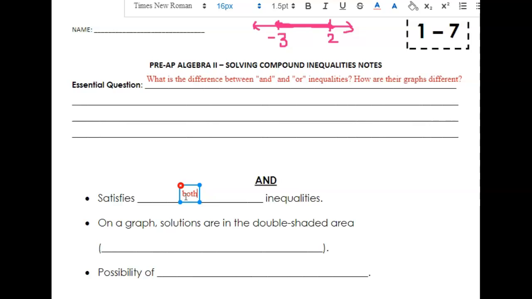Now, switching away from our candy thinking and back to our inequalities and graphs, on a graph, if I'm graphing an and inequality, the solutions, remember the solution set is in the shaded area? Well, since there are going to be two inequalities here, the solutions are going to be in the double shaded area, sometimes called the overlapping shaded area.